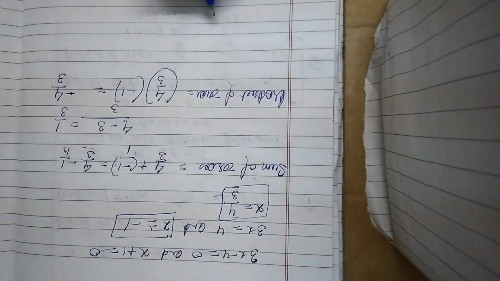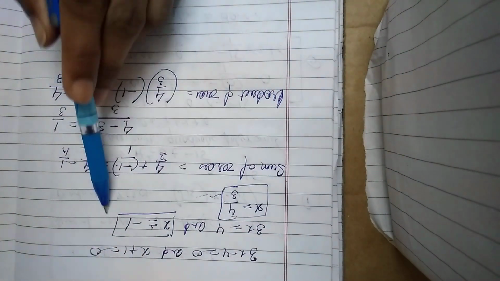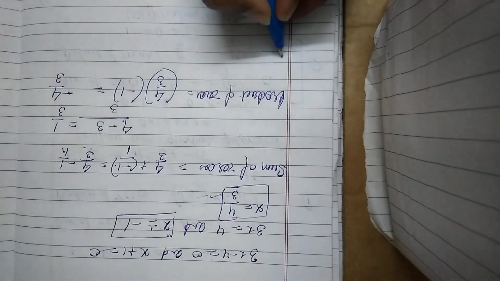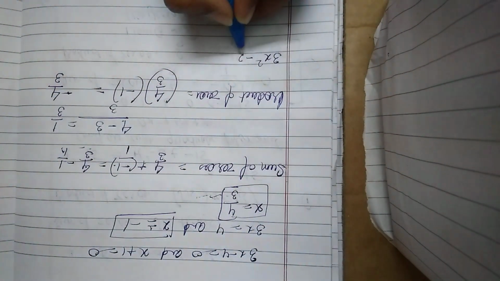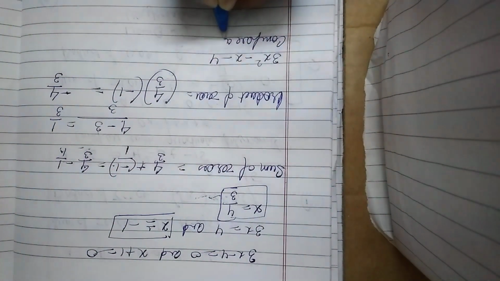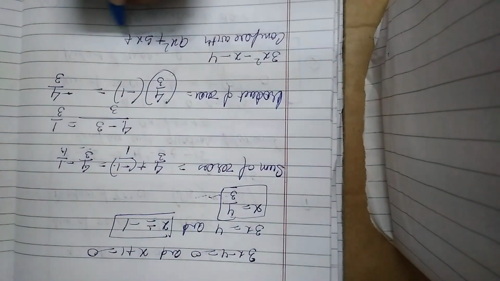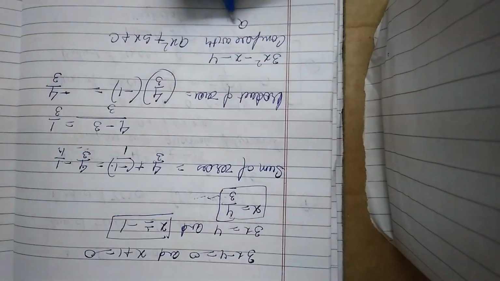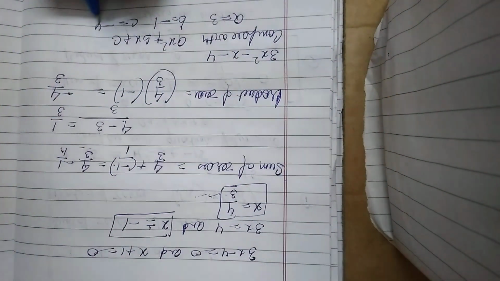Now we are done with the actual zeros obtained. Now with the help of coefficients, write down the polynomial 3x square minus x minus 4 and compare with a x square plus b x plus c. Here a is 3, b is minus 1, c is minus 4.